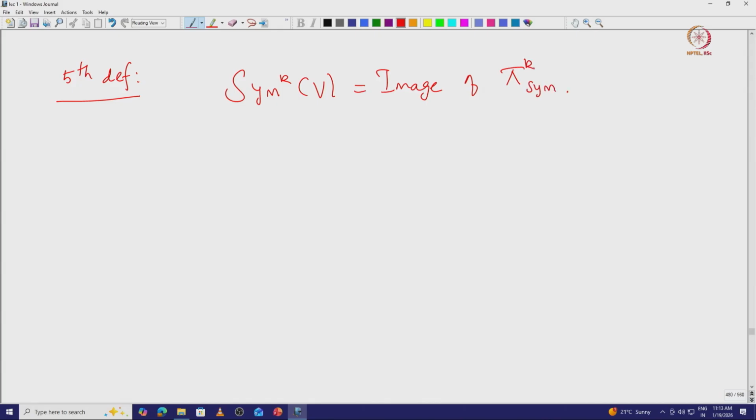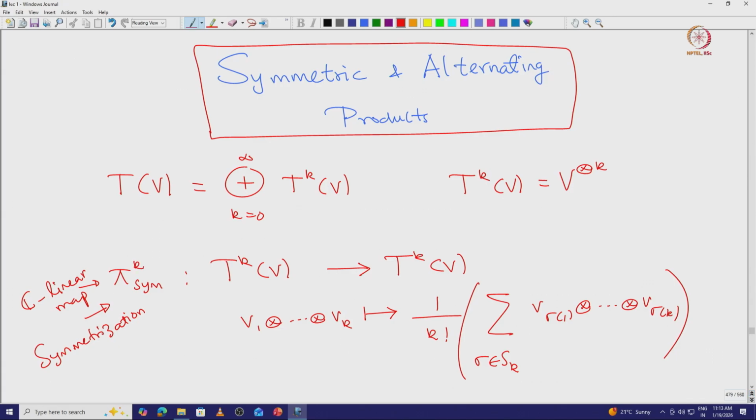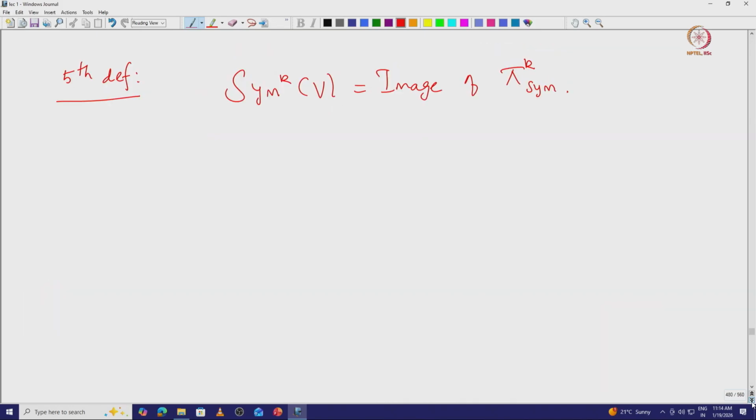Maybe let me put k here to say that it is happening at the level of the k-th graded piece. So you can take this as the fifth definition of Sim k of V. We already have so many definitions. The most important thing is that we have SKV, which is naturally isomorphic to Sim KV.